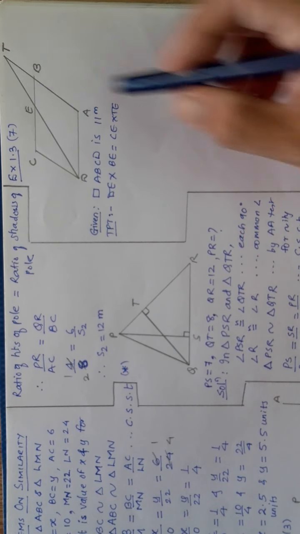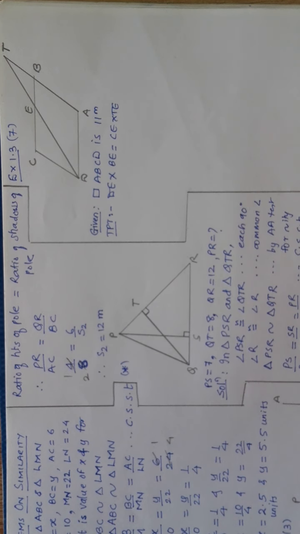BE and TE. That means I want the sides of triangle CED and triangle TEB in proportion. That is, they will have the same ratio. If they have the same ratio, then they will be in proportion, and by cross multiplication I will get this. Okay, right?